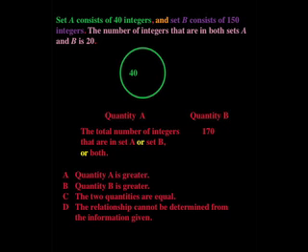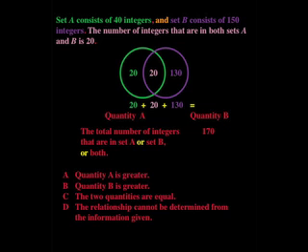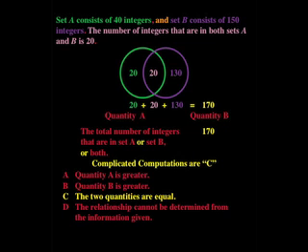We know that there are 40 integers in set A and 150 integers in set B, but then they tell us that 20 are in both set A and B. So that means there's only 20 integers that are only in set A and only 130 integers that are only in set B. And so if we add 20 and 20 and 130, we get 170, which is exactly the same number as quantity B. And just as we thought, complicated computations are C.